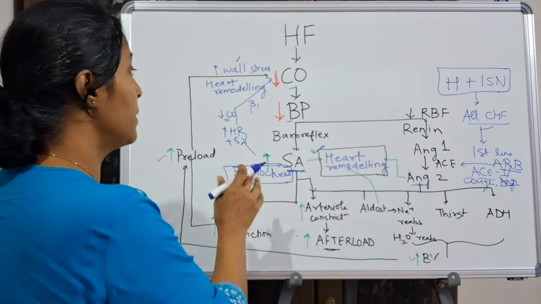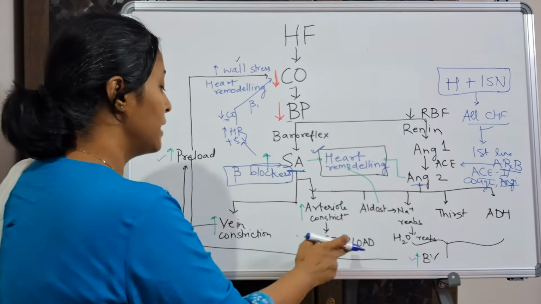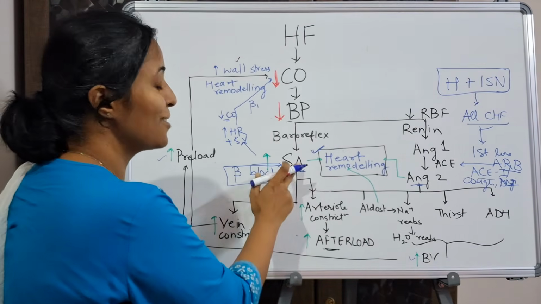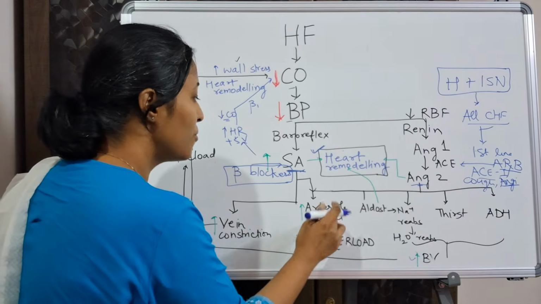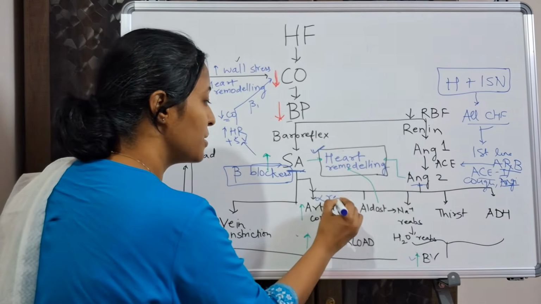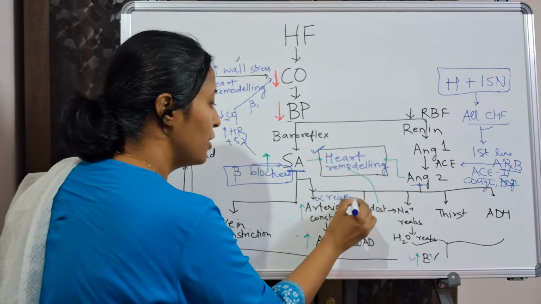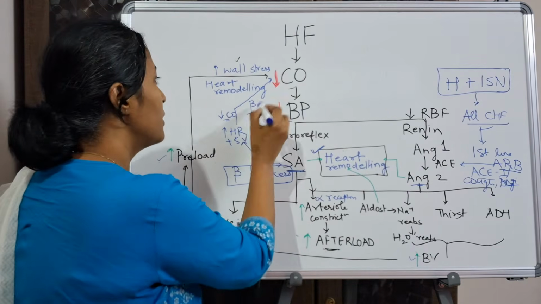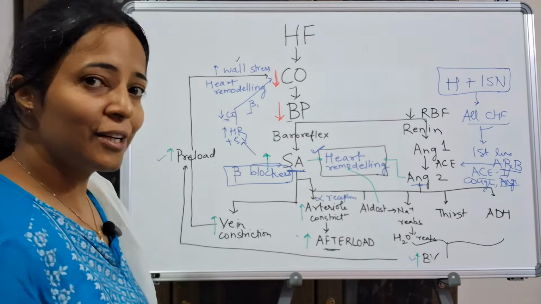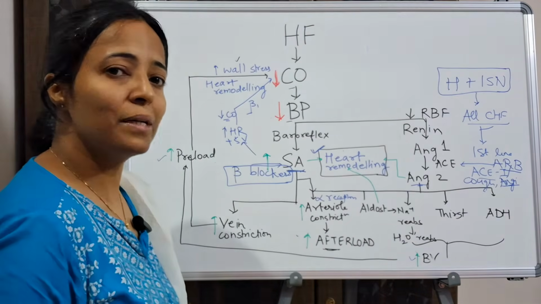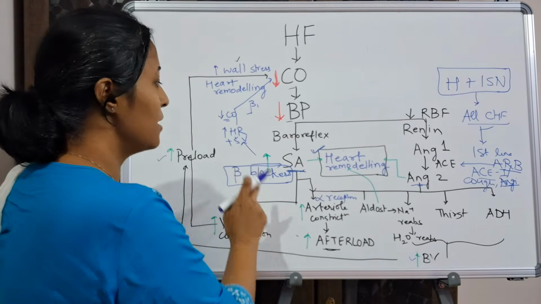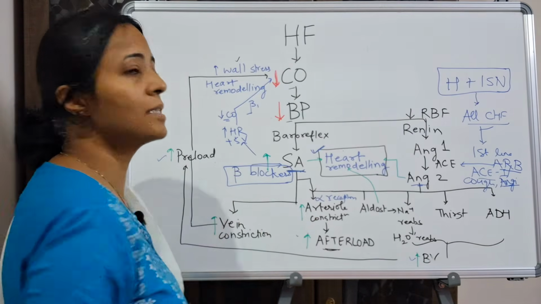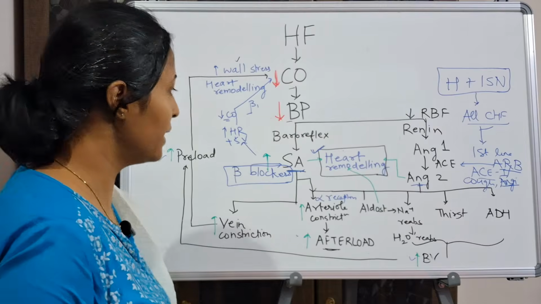Remember that it is not acting here on afterload or preload, because sympathetic activity acts on the vessels by means of the alpha receptors. So this is not going to be blocked. In fact, the direct effect on the heart is decreased inotropy. But the main reason for use of beta blockers is decrease in heart remodeling, right?